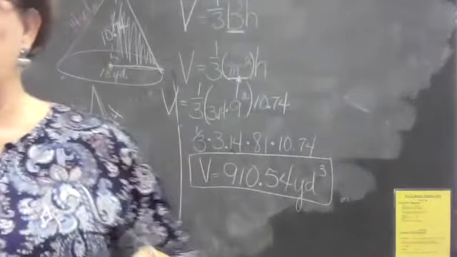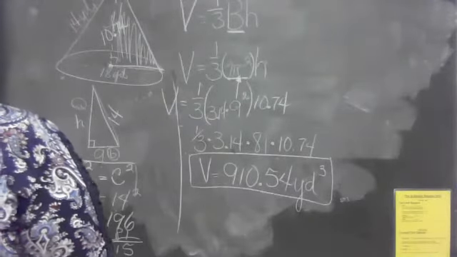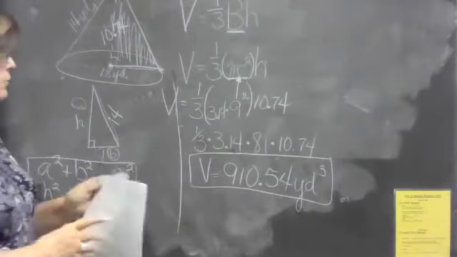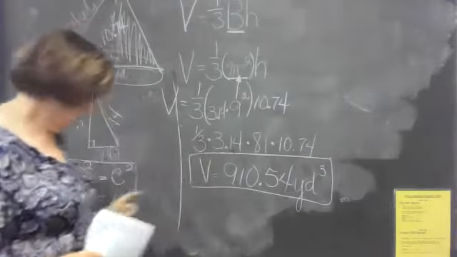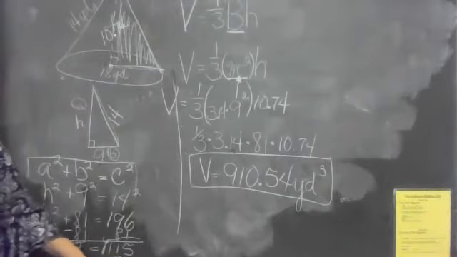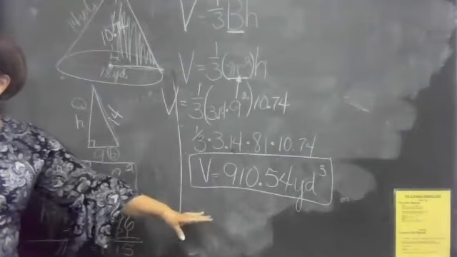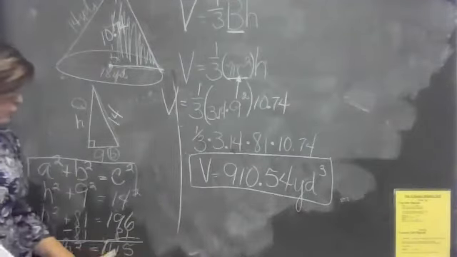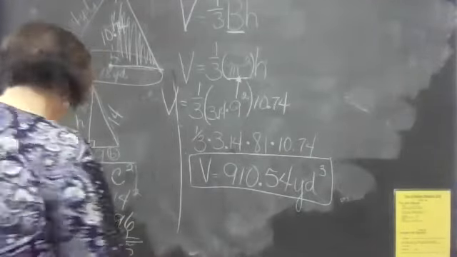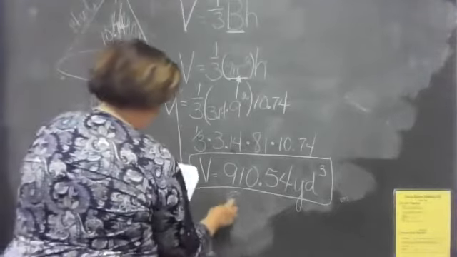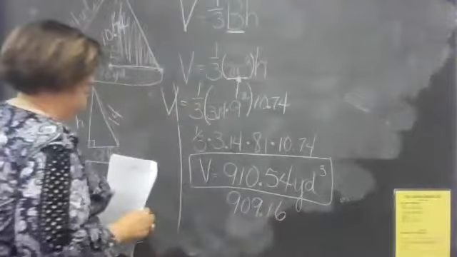What was the actual answer on this one? Oh, okay. The actual answer that was given here, because when they took the square root of 115, they used all of the decimal places in the calculation instead of rounding. If you use all of the decimals, then the answer that came out here is 909.16.